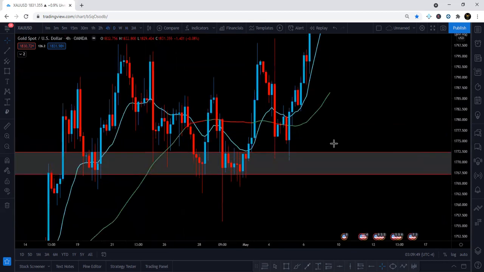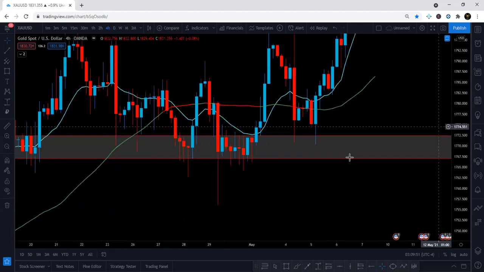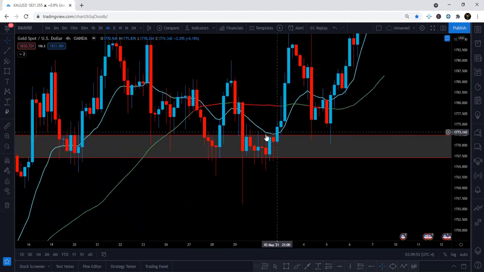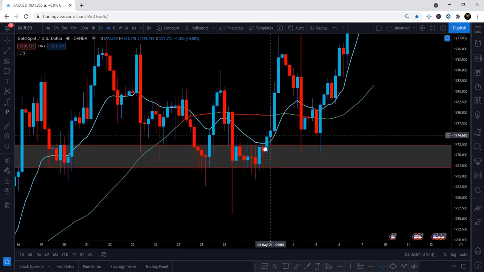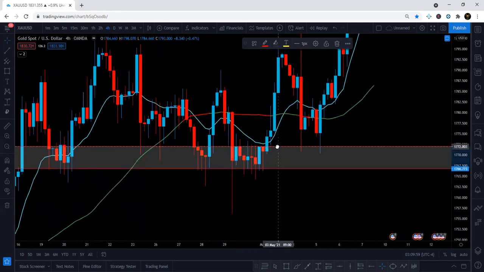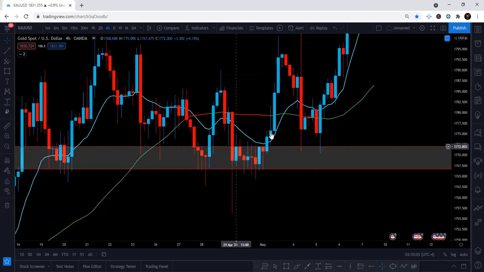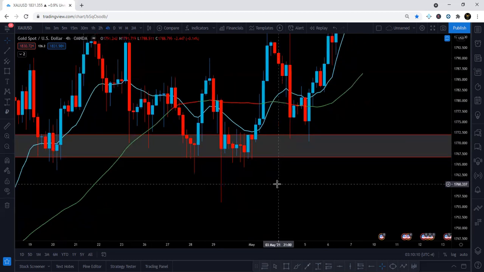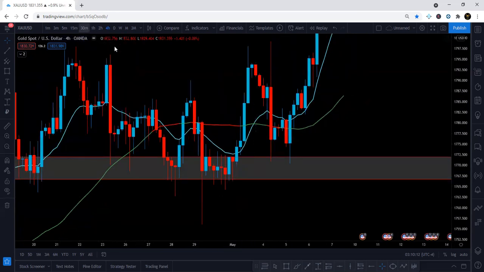So this is what I was looking for. Once this candle closed above this zone here, I was waiting for this. Actually, I had my resistance just based on this zone here. I was waiting for this to come touch this zone to take buys, and they missed it by about 5 pips. Didn't take it.